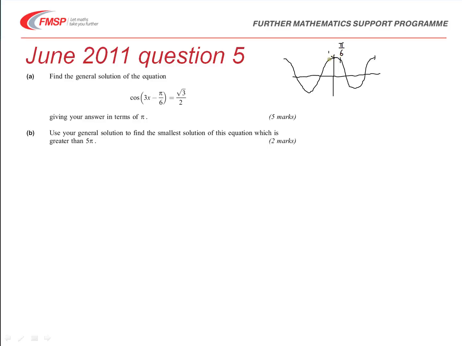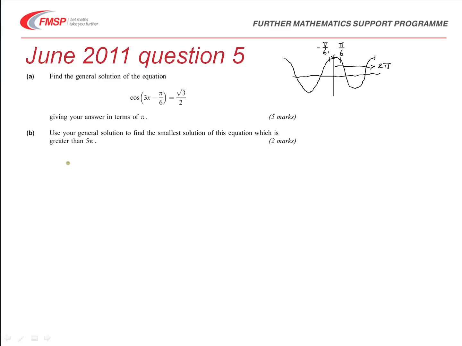Remembering though we're working in radians, and by symmetry we therefore know there will be a similar value at minus pi by 6, and that these two solutions will then be repeated every 2 pi, and so this will generate our complete set of solutions.